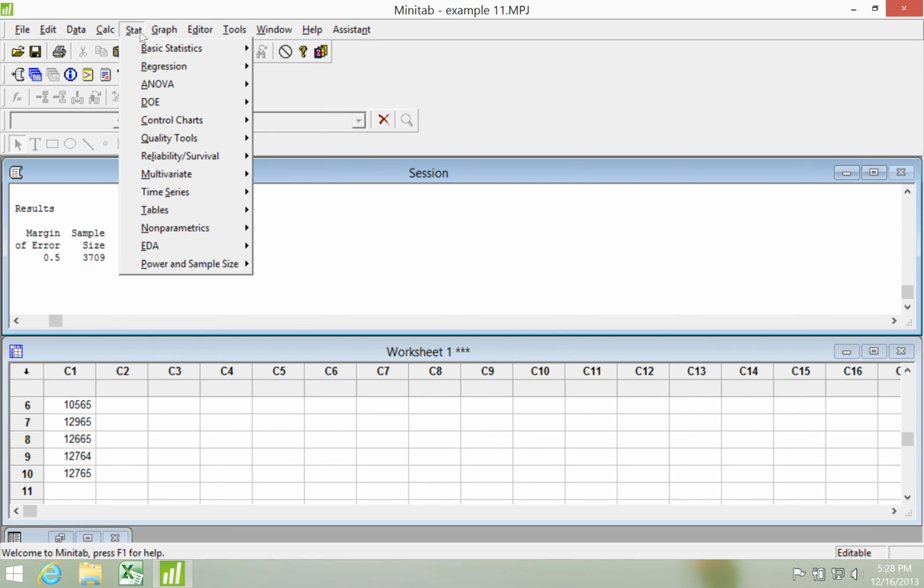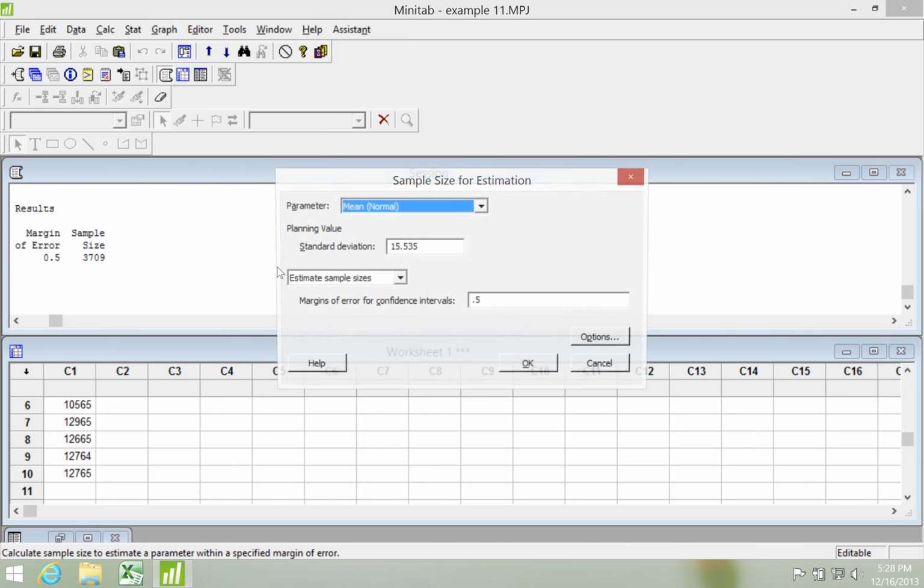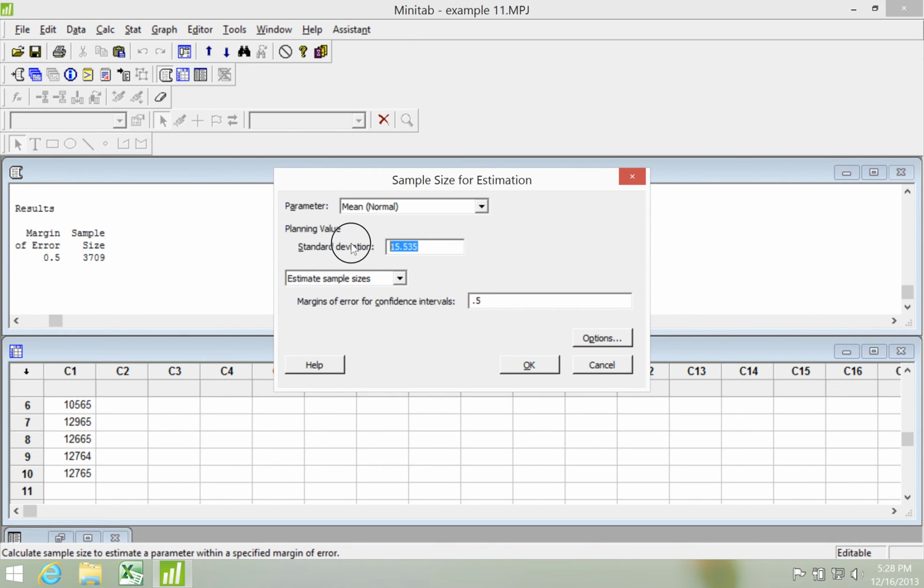Okay, let's see how to do this in Minitab. Of course, Stat, Power and Sample Size for Estimation. Here our standard deviation has changed from being 15.5 to being 2.6. Again, we're trying to estimate the sample size. Our margin of error is $500,000 or 0.5 million.